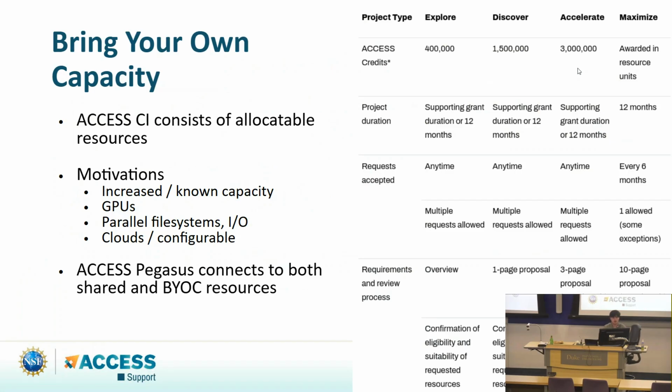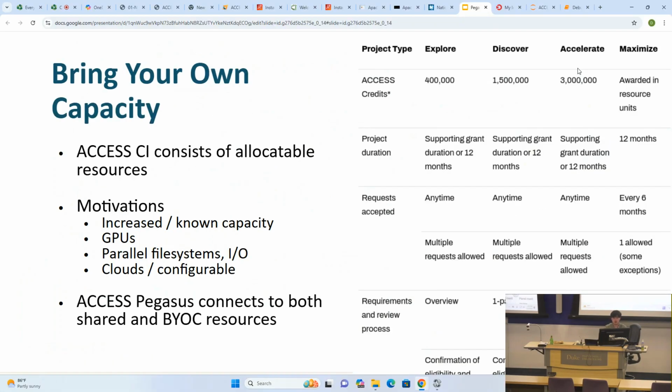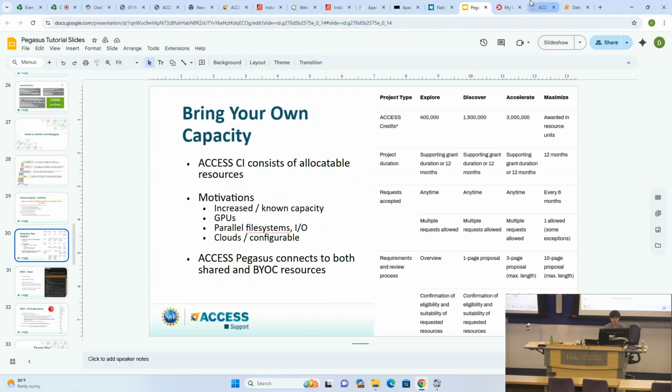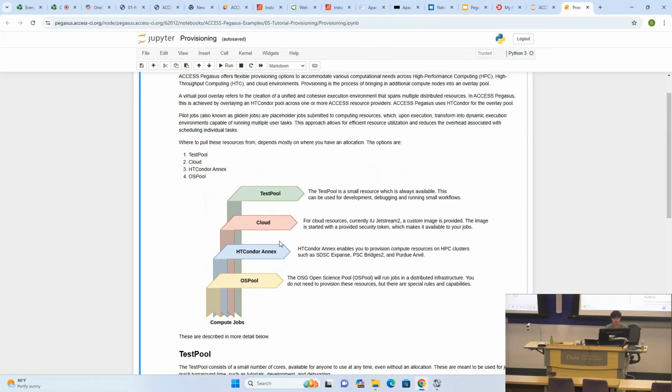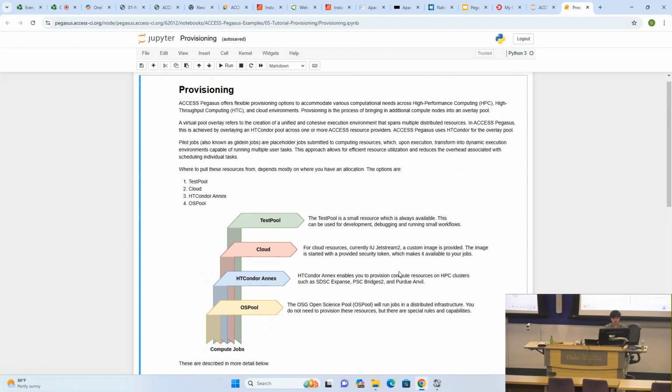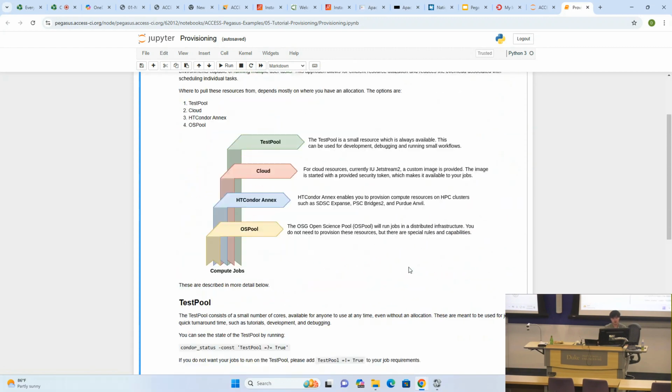Okay, so we did that. There is one last tutorial in the Jupyter notebooks. If you go to folder 5, it's called provisioning, and it covers what we just talked about with these 4 compute resources. You can run this, and there's some text about it.